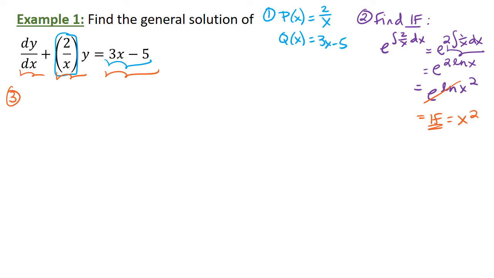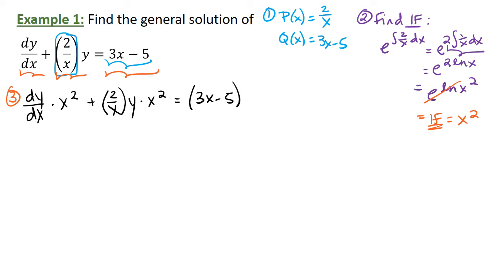So we end up with dy/dx times x squared plus 2 over x y times x squared is equal to the quantity 3x minus 5 times x squared.